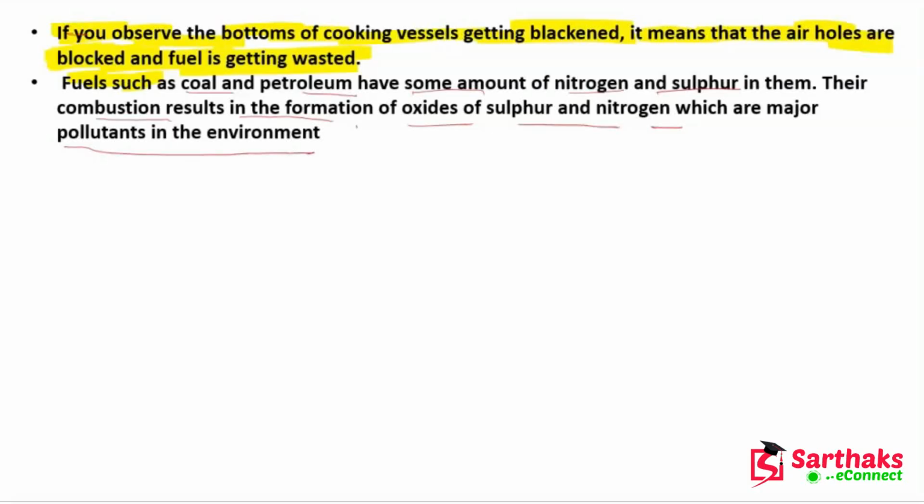So basically, it wants to say that some fuels, such as coal and petroleum, have nitrogen and sulfur as well. What will happen when this nitrogen and sulfur react with oxygen? They will form oxides of sulfur and nitrogen, and these are pollutants in the environment.